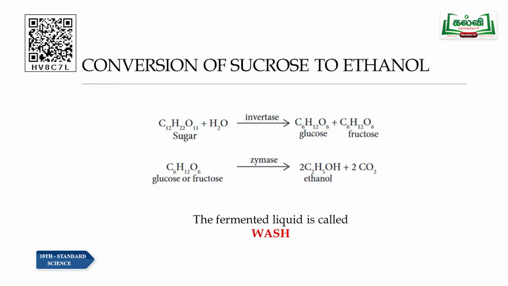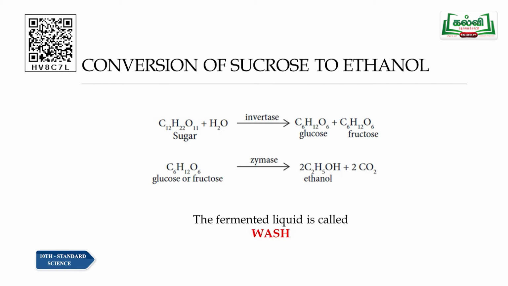Let us see what is the chemical reaction that takes place during the process of fermentation. You can see on your screens that the sugar which is present in molasses is given by the formula C12H22O11. This is the formula of sugar. The sugar is first converted into glucose and fructose, which are simple sugars, by an enzyme, invertase, present in yeast.